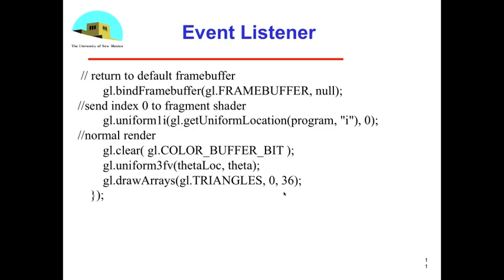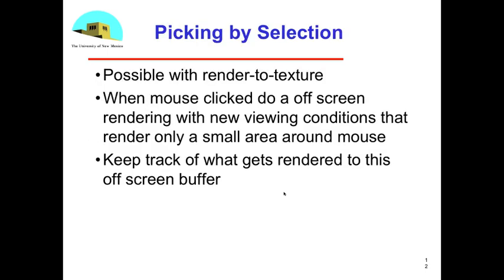I hope it's fairly straightforward. One final comment on this is that we also talked about this idea when we talked about interaction of picking by selection and getting a hit list of everything. And it turns out I actually found some code where you really can do this with render to texture. The code is a lot more complex.